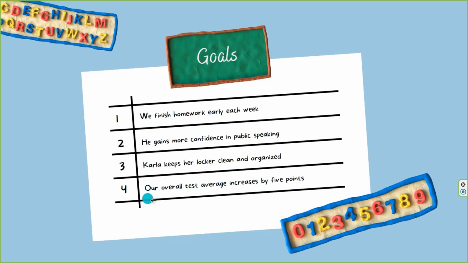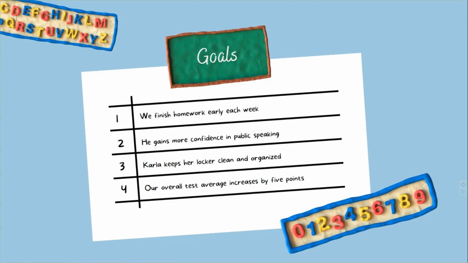So if all these words are the subject, what is the personal pronoun that substitutes this? Is this an I, a you, a she, a he? This is an it. Our overall test average is an it. And because it is an it, the verb requires an S. Okay? This is the verb.